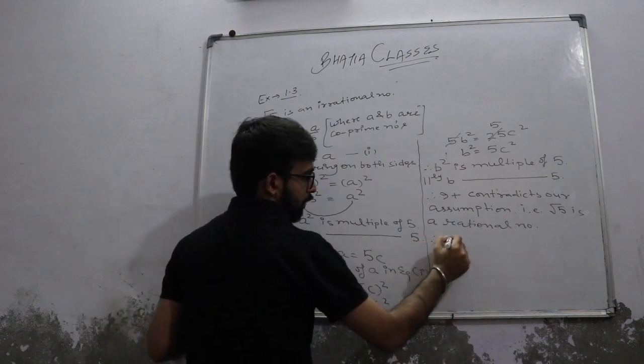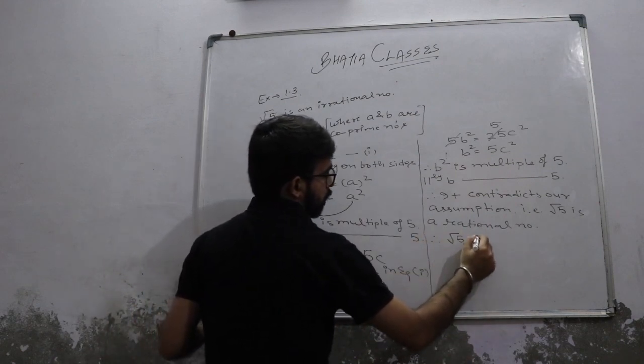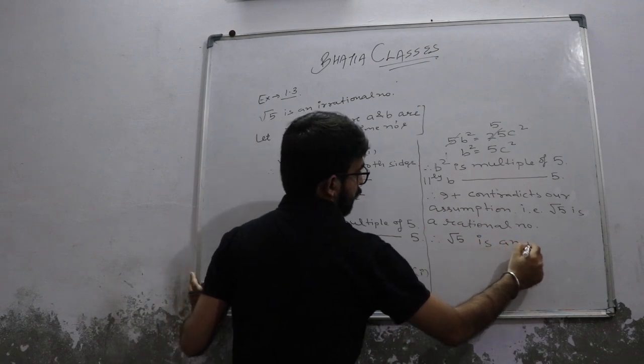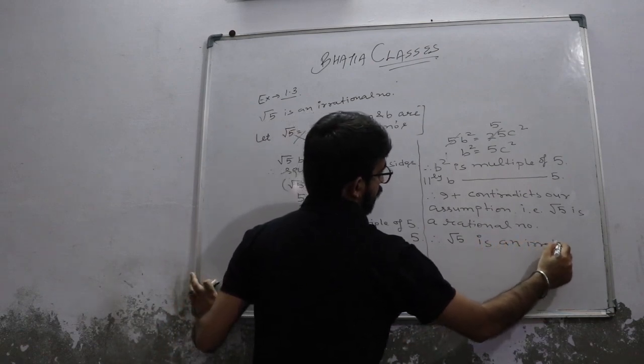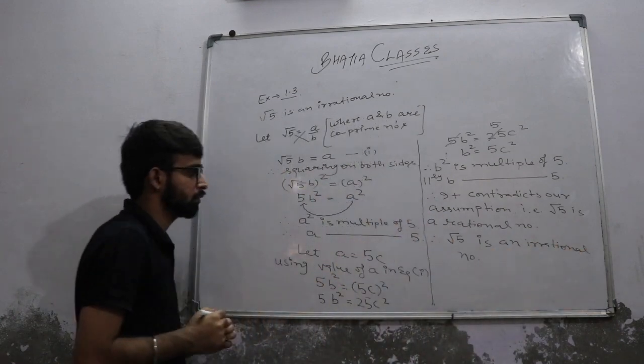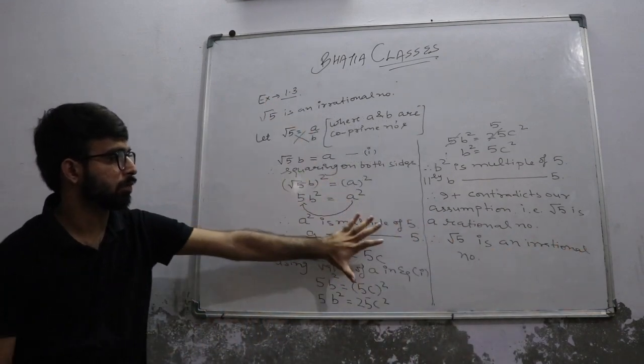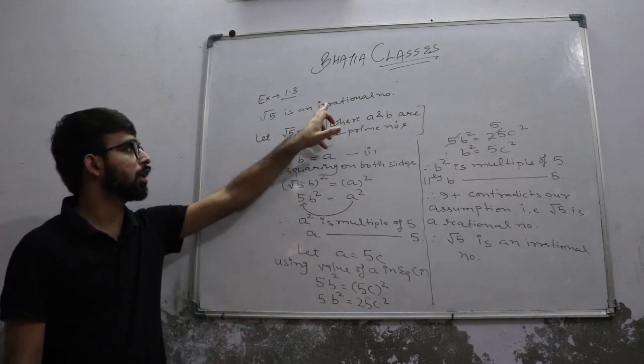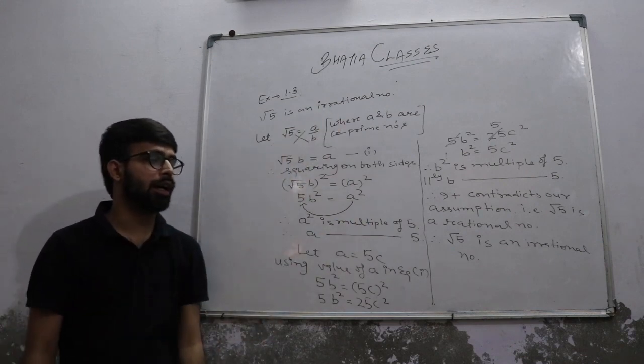So we have proved that root 5 is an irrational number. This is the sum typically based upon irrational number. Now I will tell you the other example.